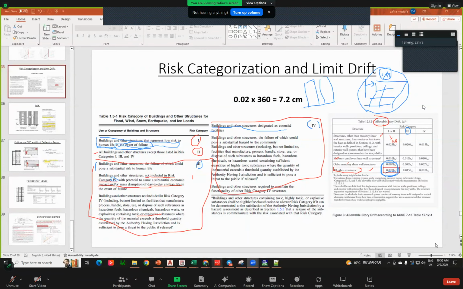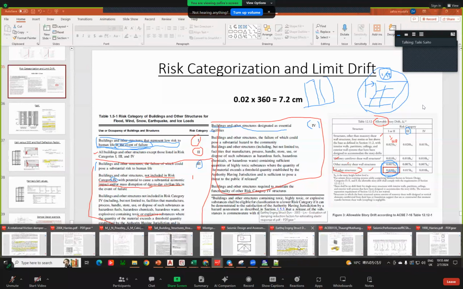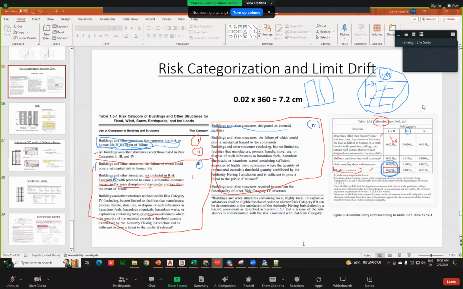I opened the... any example, office building?